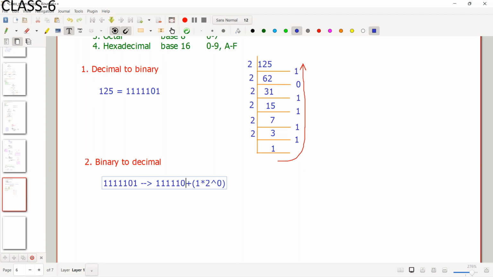The next one is 0. For bit position 1, the bit is 0, so you don't have to add that. Anyway, that is 0.